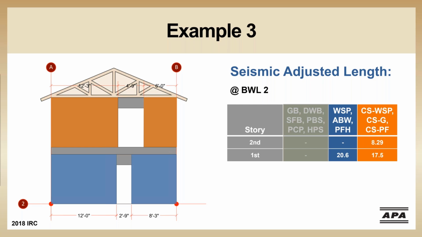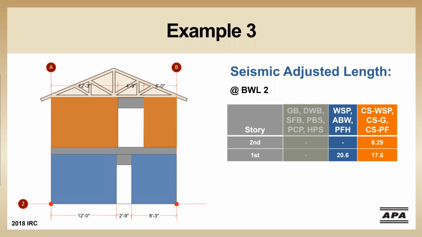At the lower floor, we have a total of 20.25 feet of available wall length. Unfortunately, we need 20.6 feet for intermittent method. This is where you can see those adjustment factors really force us into using continuous sheathing methods without adjusting either the story height, rate, roof weight, or braced wall line spacing.